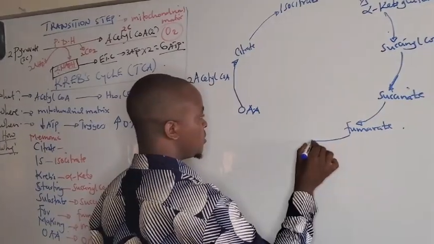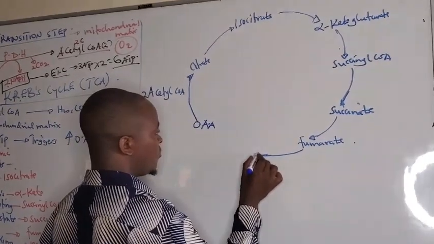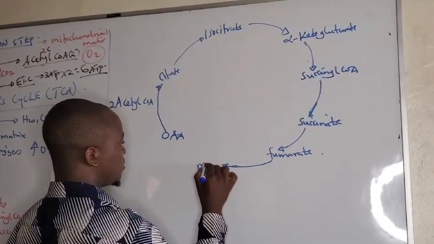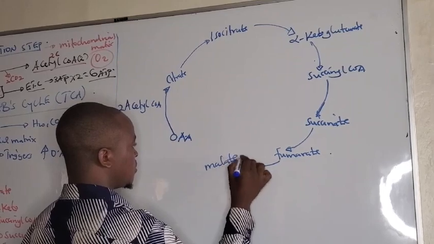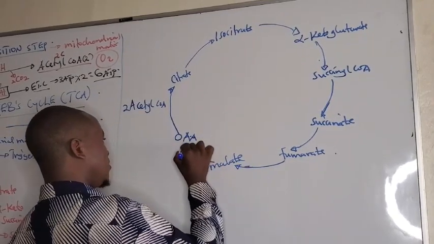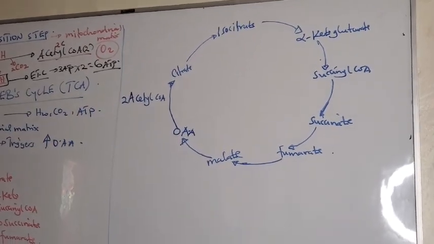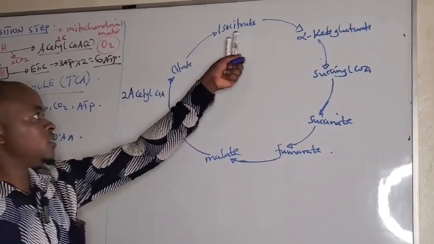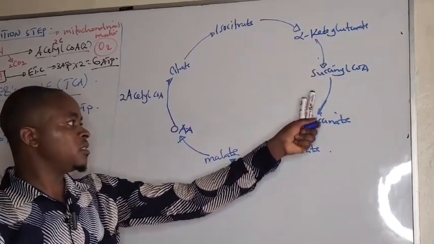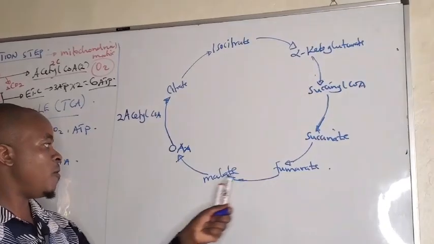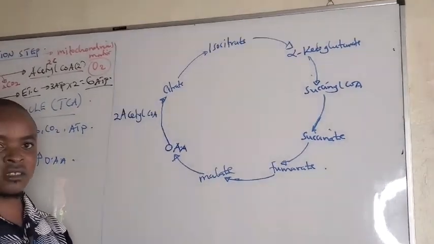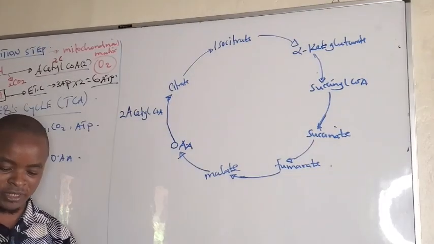Then fumarate is converted to malate. Then malate gives back oxaloacetate. That's why we say citrate is the Krebs starting substrate for making oxaloacetate, occurring in the mitochondrial matrix.